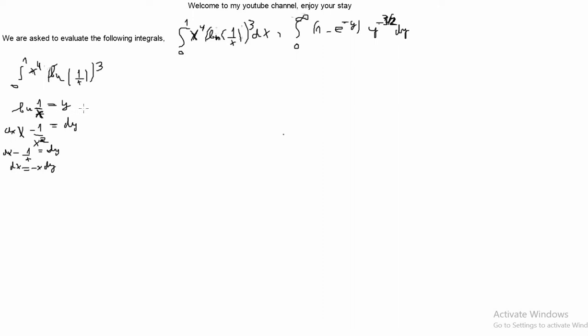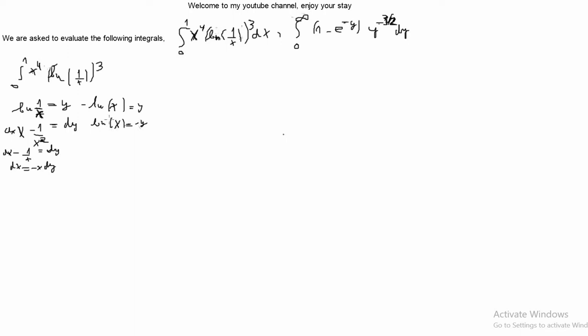From this we can get negative ln of x equals y. When we put the negative sign there, we get ln of x equals minus y.